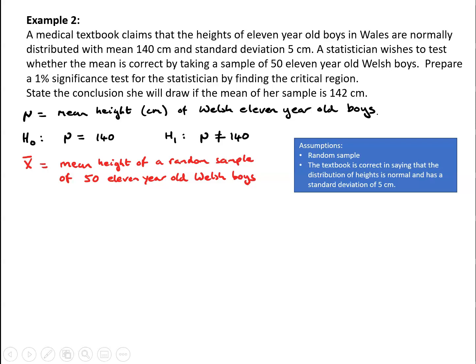If that is the case, then if the null hypothesis is true, x bar will be normally distributed with a mean of 140 and a variance of 5 squared divided by the sample size, which is 50.